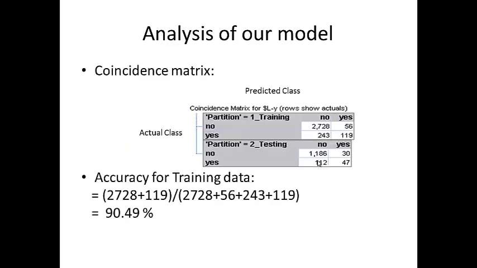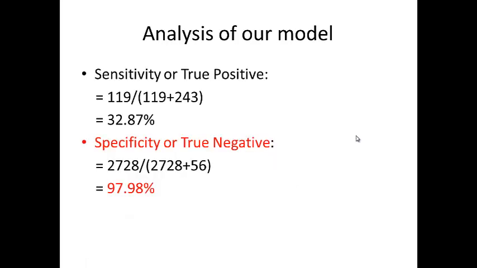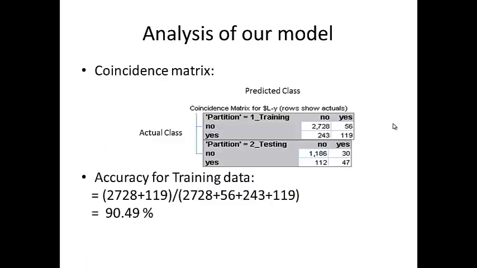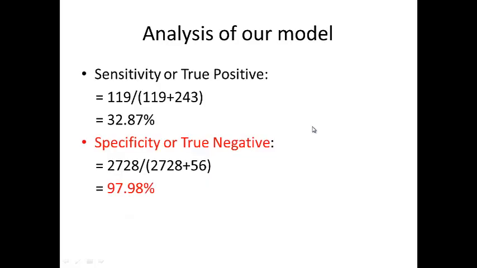Sensitivity is how well our model has predicted that the customer is willing to take the term deposit offer, and specificity is how well it predicts that the customer is not going to take the offer. For a banking project, specificity plays a major role, because here our main objective is to reduce the human effort and number of contacts made.